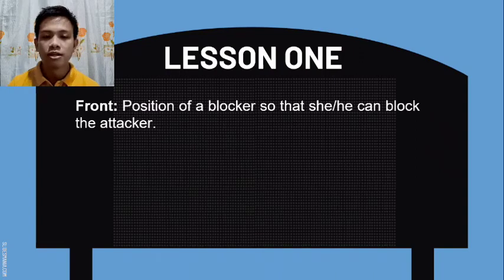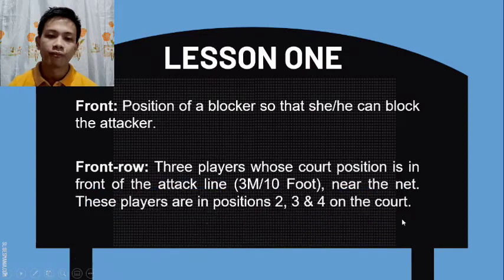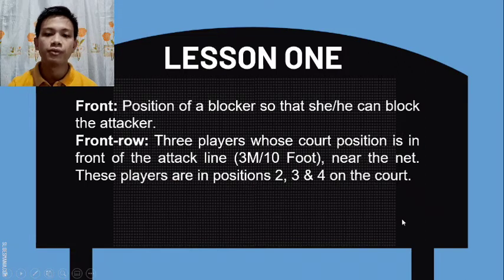Next, front. Position of a blocker so that she or he can block the attacker. So, positioning of body. Next, front row. 3 players whose court position is in front of the attack line or the 3-meter, 10-foot, near the net. These players are in positions 2, 3, 4.